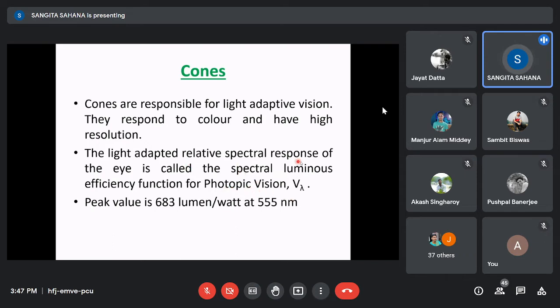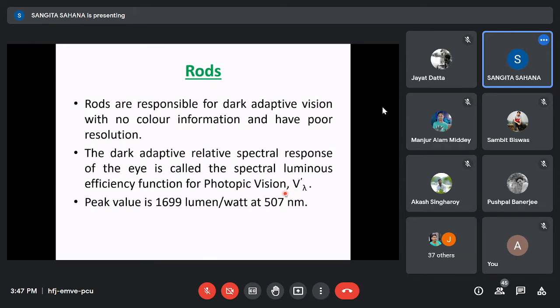And that particular spectral response is called V lambda. Whereas when the light level is low, when it's dark, then the rod cells are functioning, and that response of rods is called V dash lambda.